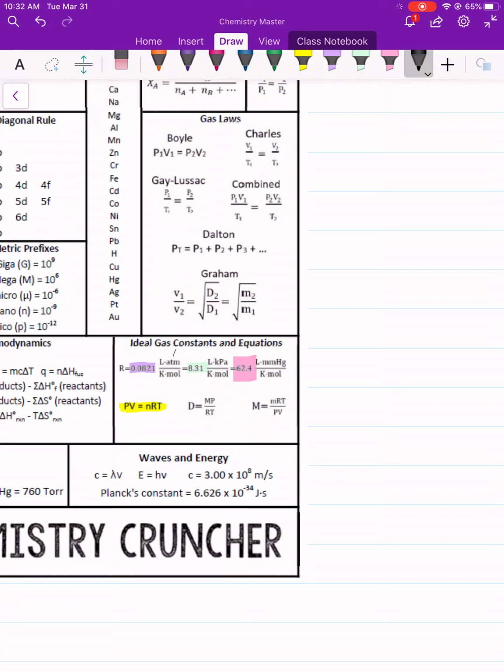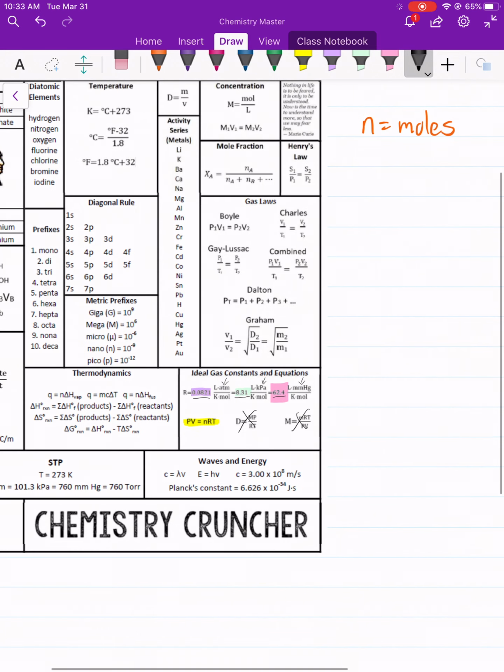So this one has ATM. So if I give you the pressure and it's in ATM, then you use this value here. And then this one has kilopascals, so you would use this one if I give you kilopascals for pressure. And this one has millimeters of mercury, so you would use this one if I gave you millimeters of mercury. Okay, you don't have to worry about these at all. We don't use those in our class.